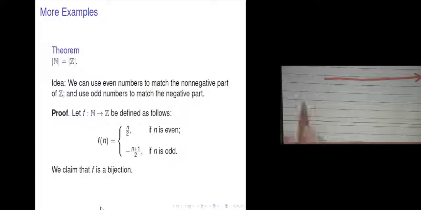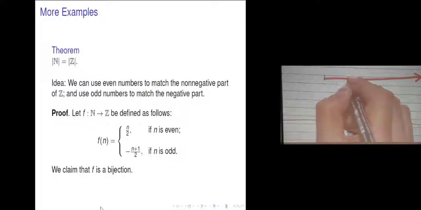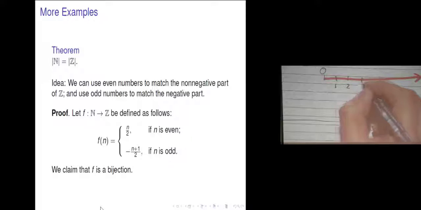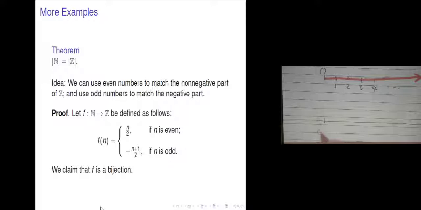So now I want to match. This is the f I'm going to define. If here you have 0, 1, 2, 3, 4, and so on, I'm going to use even numbers. Here you also have 0, 1, 2, 3, 4.